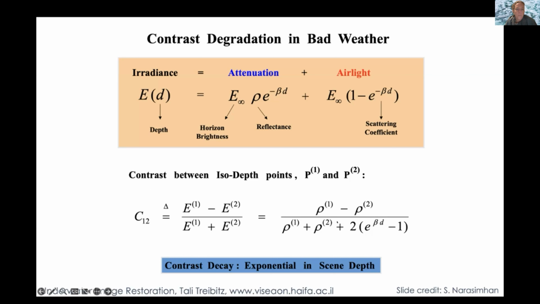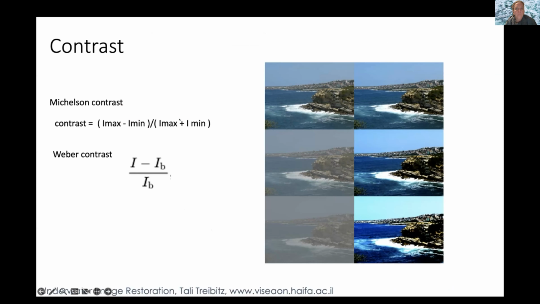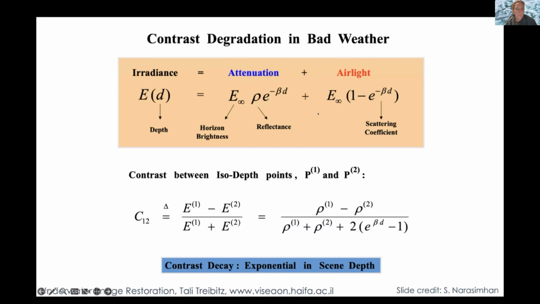We got that from taking this equation and plugging in the model I showed you before. You'll need to trust me that we get this expression, where you see that the contrast degrades exponentially with the distance. And that's why the visibility we get is so bad.